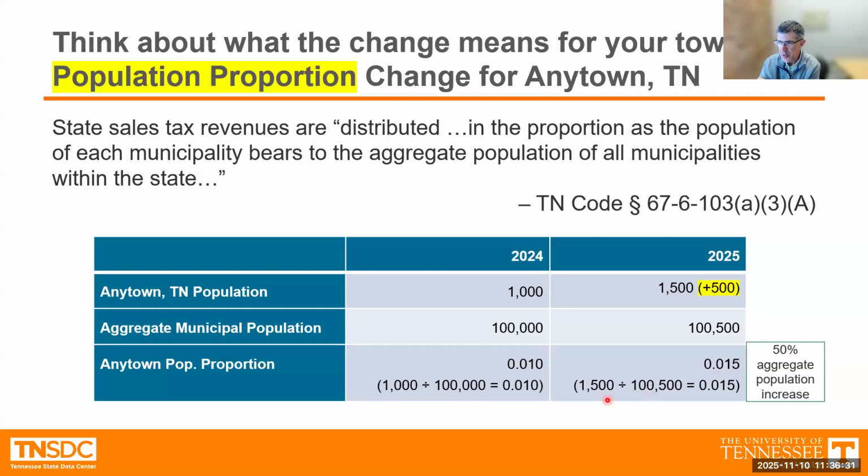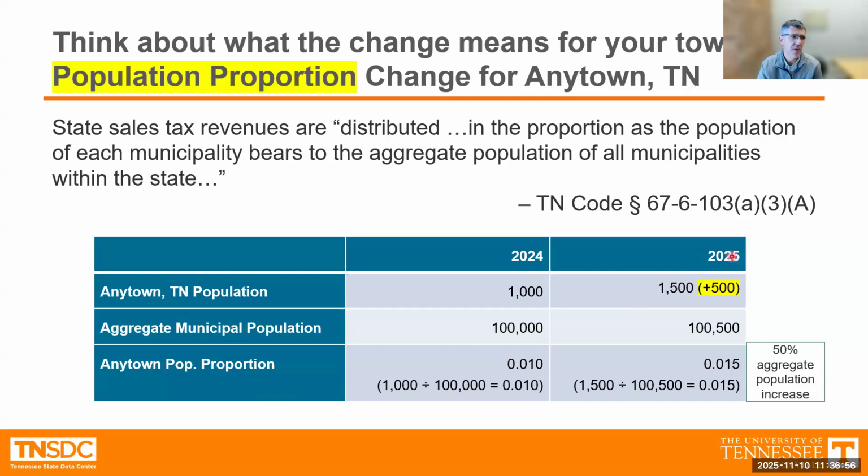So if you do this calculation again, it's 1,500 people divided by 100,500 people. The population proportion for Anytown is now 0.015. That is a 50% increase in Anytown, Tennessee's population proportion from 2024 to 2025.